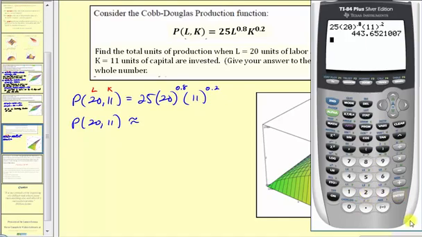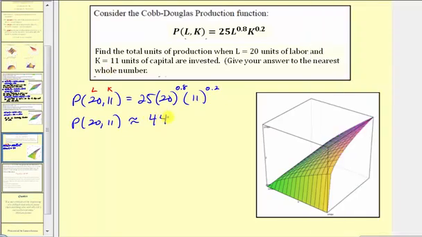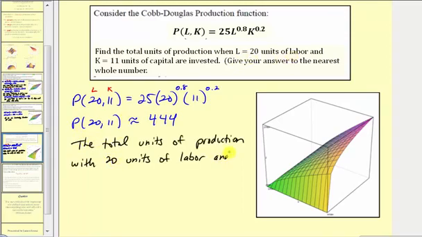Enter. Rounding to the nearest whole number, we would round to 444. Which means that total units of production with 20 units of labor and 11 units of capital is 444 units.